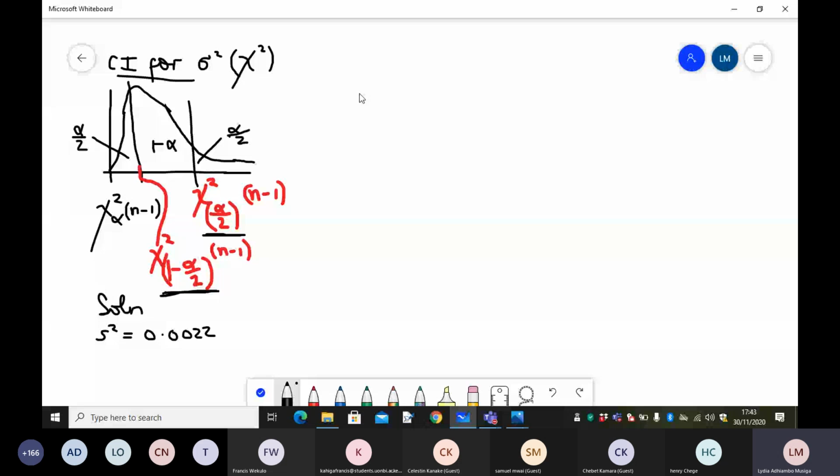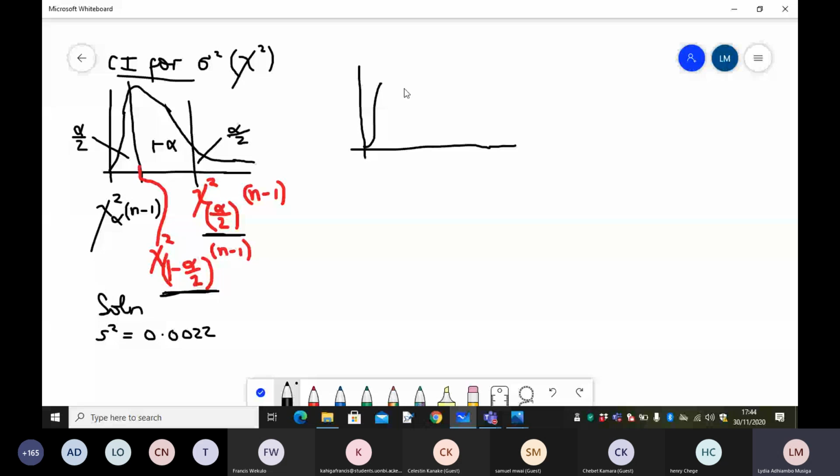We need to go to the chi tables and get the values that you're going to substitute in the formulae for the confidence interval.